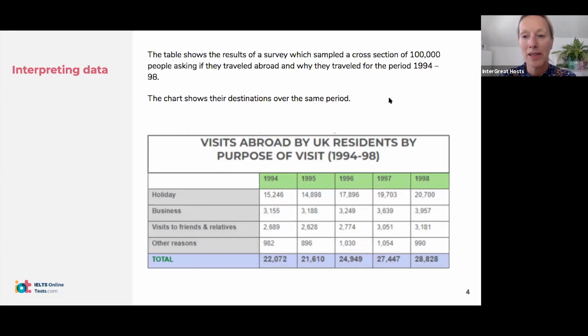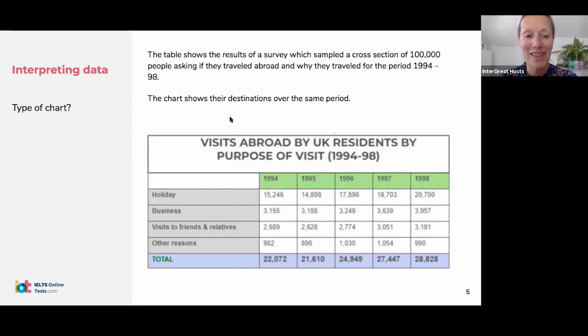Okay, first of all, we'll start off with the table. So the table shows the results of a survey which sampled a cross-section of 100,000 people, asking if they travelled abroad and why they travelled for the period 1994 to 1998. Okay, as I said, the chart shows their destinations over the same period. It's easy, good.